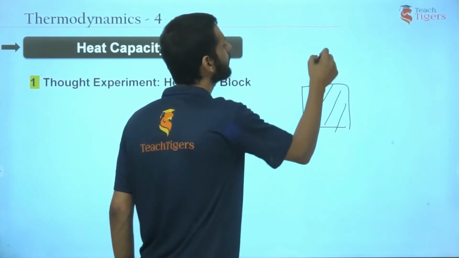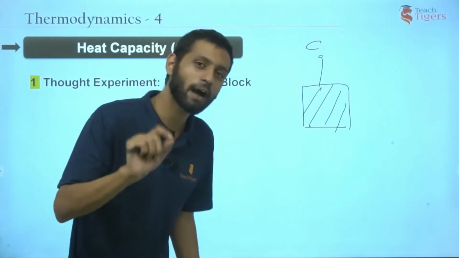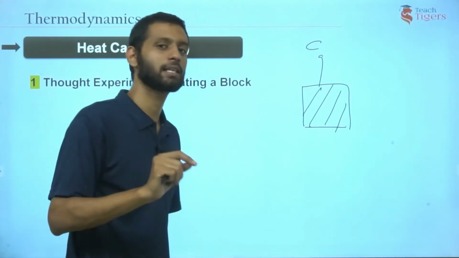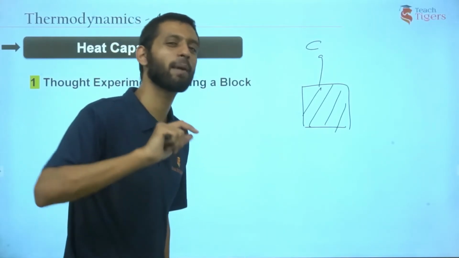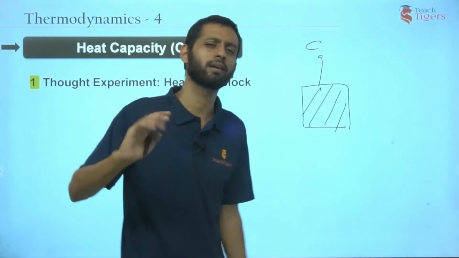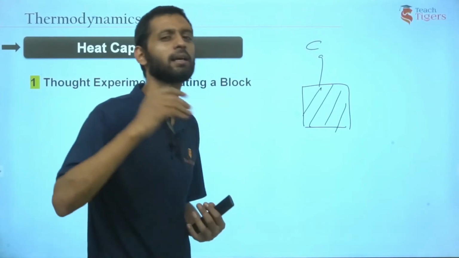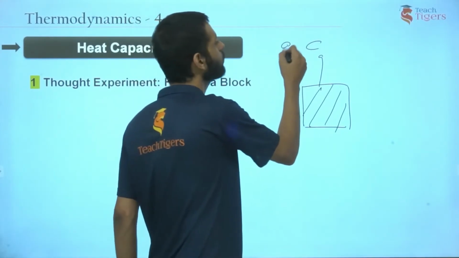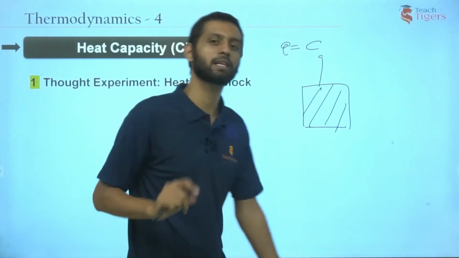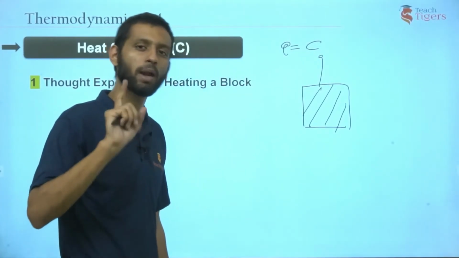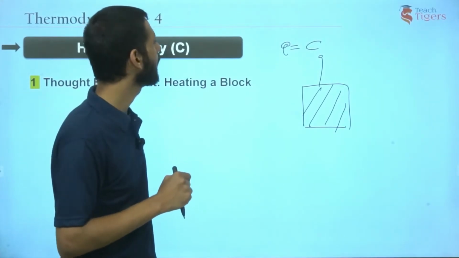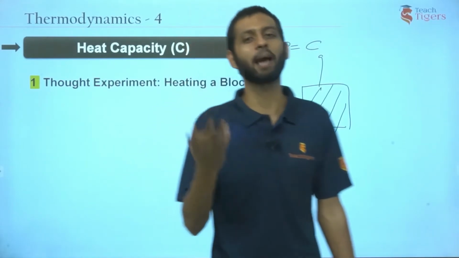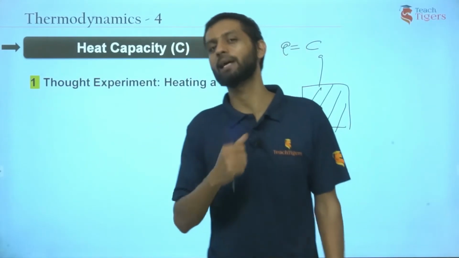And if I supply heat equal to the heat capacity, numerically speaking, if heat capacity's numerical value is 200 joules, and I supply 200 joules of heat, then I'll raise the temperature by 1 unit. So if I supply Q equals C, my temperature rises by 1 unit temperature, 1 Kelvin, 1 degree Celsius. If I want to raise the temperature by 2 Kelvin, 2 degrees Celsius, I must supply double the amount of heat.